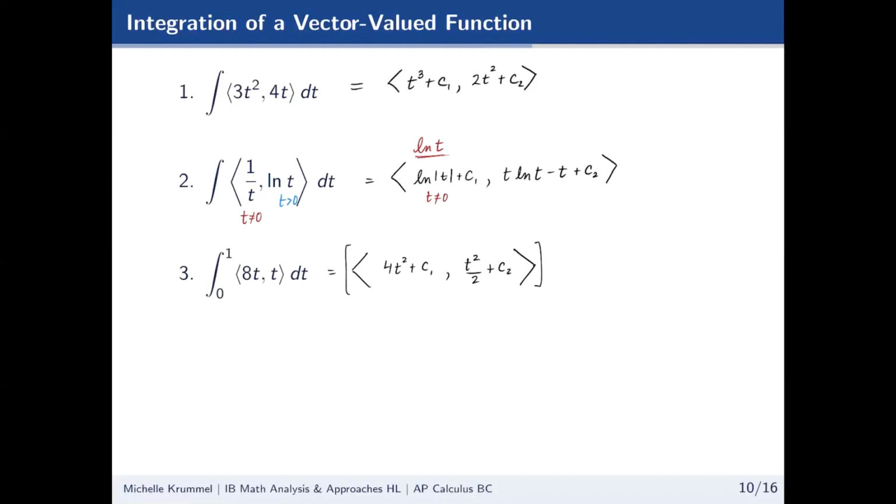I actually don't know if this is proper notation. I'm just kind of going by how it was on the left. It does look a little funny, but we know how to evaluate this definite integral. First, we're going to sub in our upper limit of integration, so the 1 in for the t, and then we'll sub in the 0. Now, I'm just going to go ahead and work entirely with the x component first.